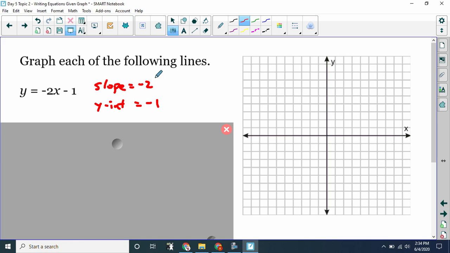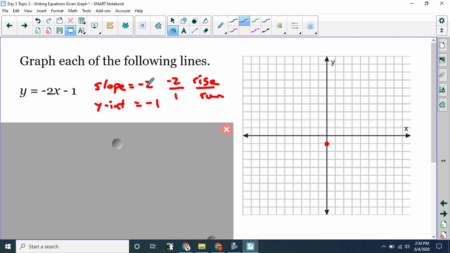We always graph the y-intercept first. So I'm going to graph my y-intercept at negative 1, right here on the y-axis. And then my slope is negative 2. Notice it's not in rise over run form right now because there's nothing on the bottom. So negative 2, we can write as negative 2/1.